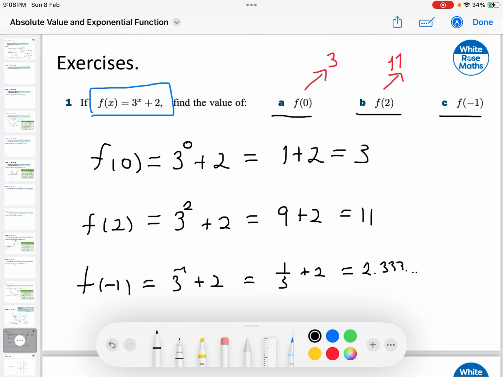You can use your calculator if you want to find that exact value. You can leave it as a decimal or as a fraction, whichever you prefer. Okay, so we have the 3 values. This is around 2.33.